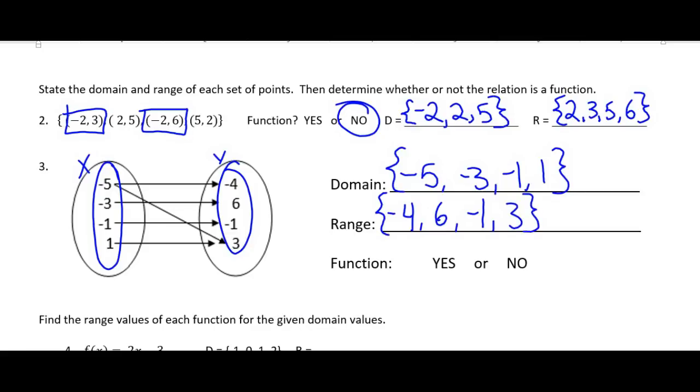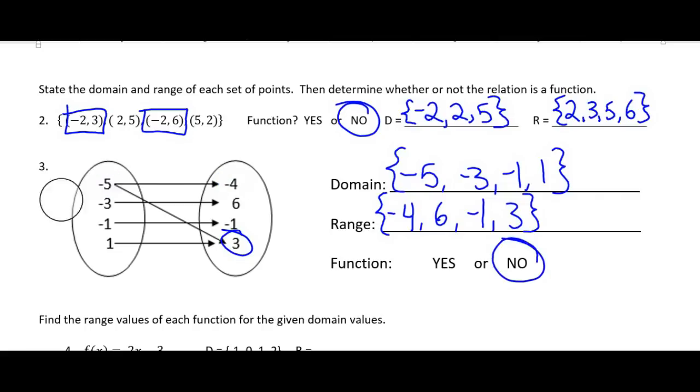Again, I'm not too concerned with the order you list these in. Is this a function, yes or no? If I look at my -5, he's cheating. He has a -4 and a 3, so that is failing the function test, so it's not a function.